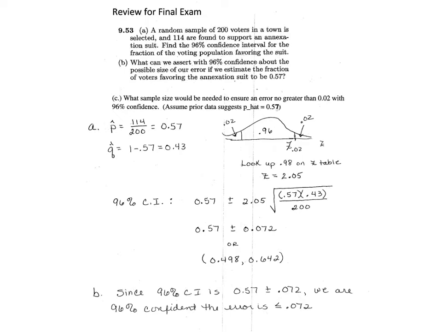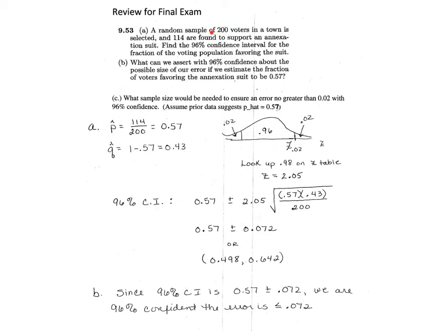All right, so we see that we're looking for the fraction of the voting population favoring the suit. That fraction is telling us that we want a proportion. So we're looking at P, the population parameter P. From the data, we can calculate P hat. We get that from the random sample of size 200.